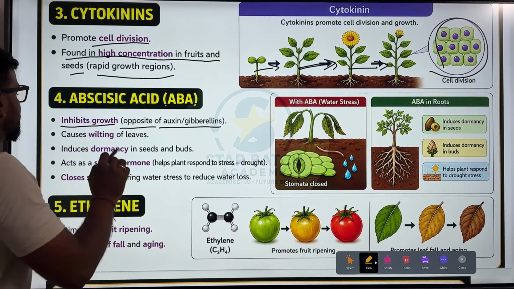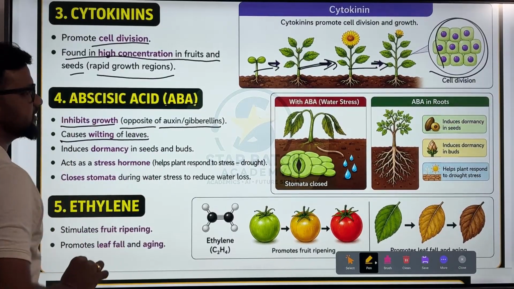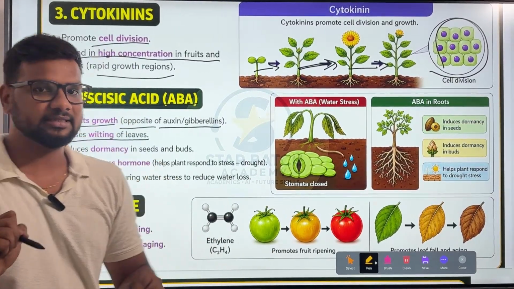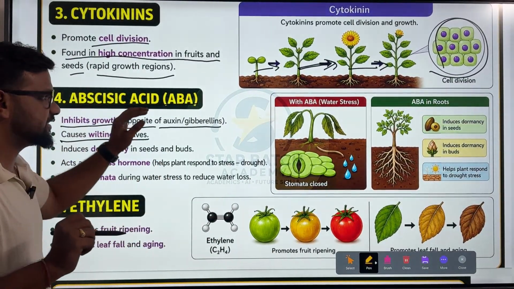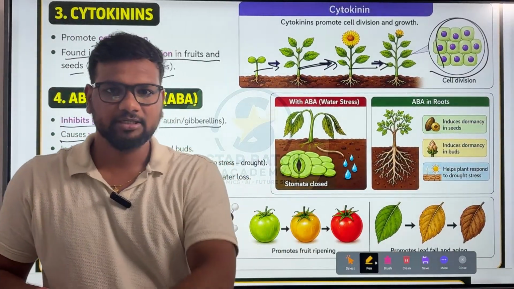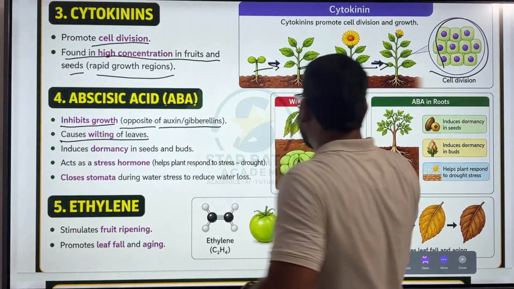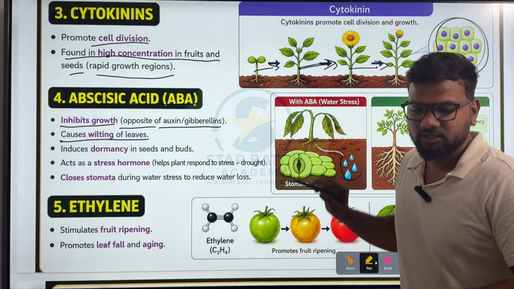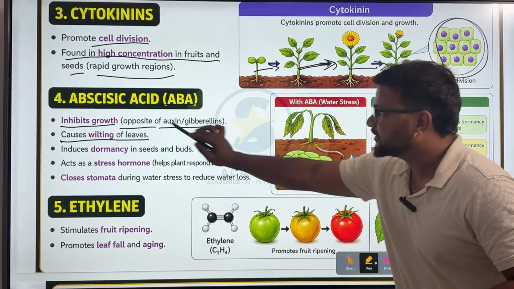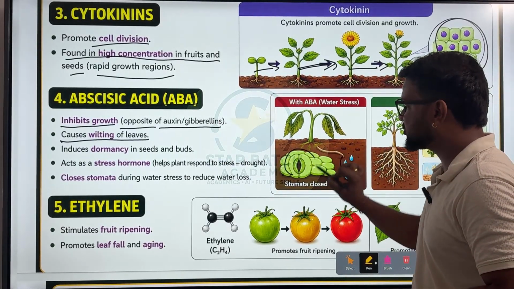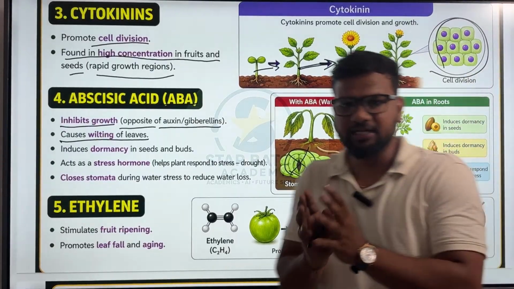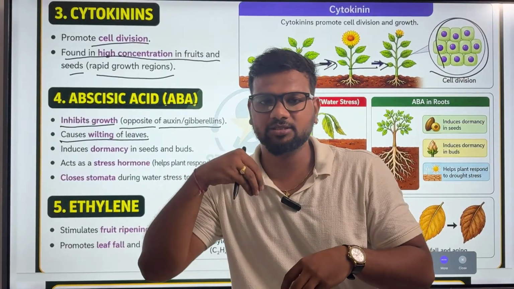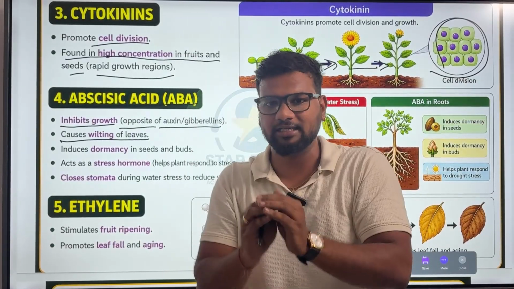It causes whitening of the leaves, that is, the leaves fall off. When do they fall? When the abscisic acid acts, that is when we don't have water. So when the plant doesn't have sufficient water around it, this hormone closes the stomata so that there is no excess water leakage, and sufficient water stays stored inside the plant.